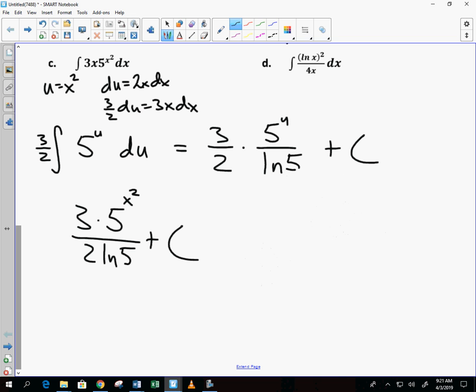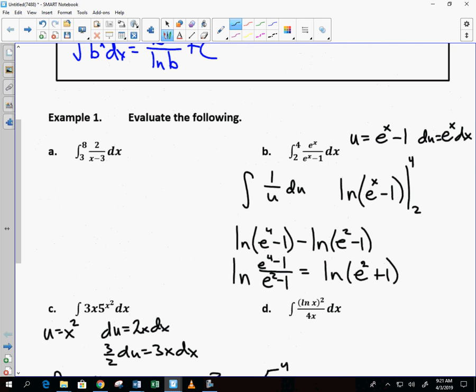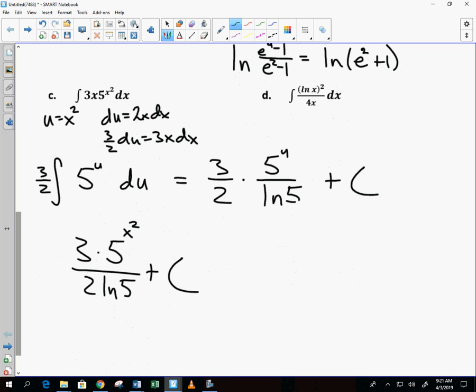So I saw the 3 here, so I'm like, let's multiply by 3, and let's get rid of the 2 by dividing by 2. We don't for the other ones because those were definite integrals, meaning they had bounds, so we come up with an actual number. Whereas in this one, it is indefinite.